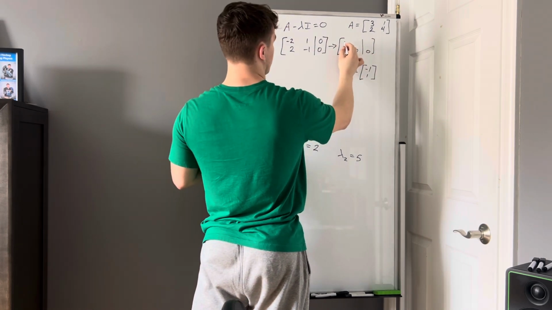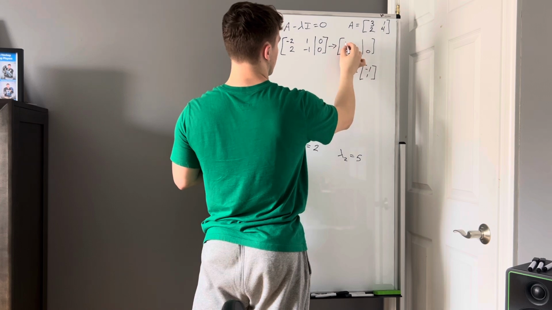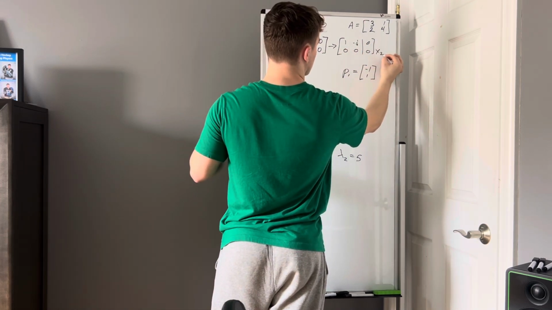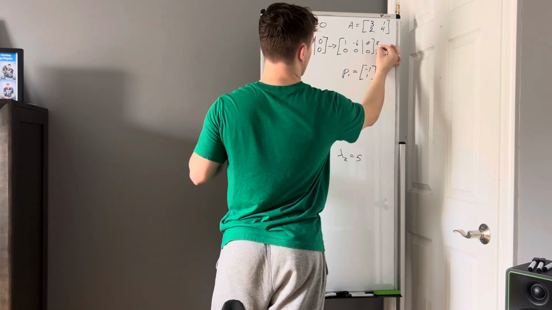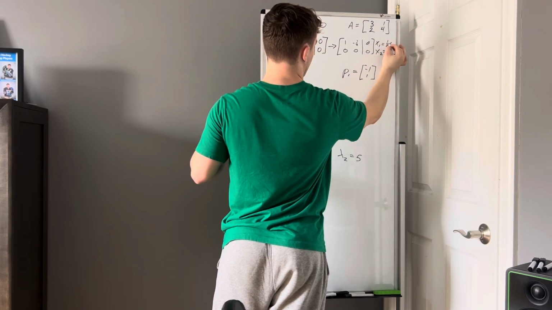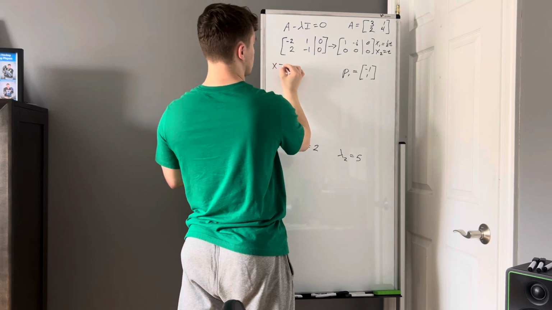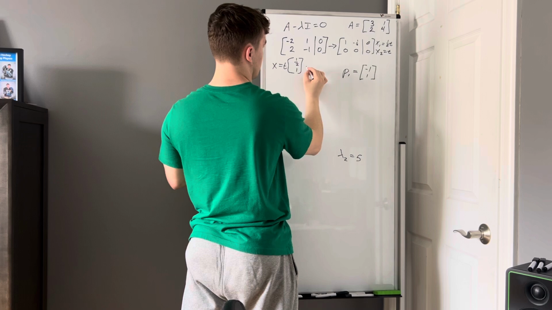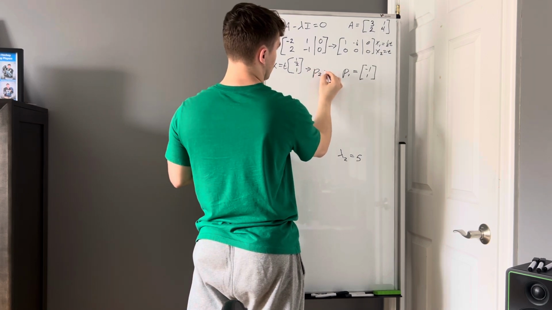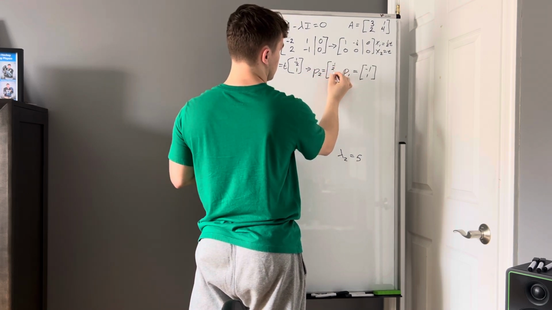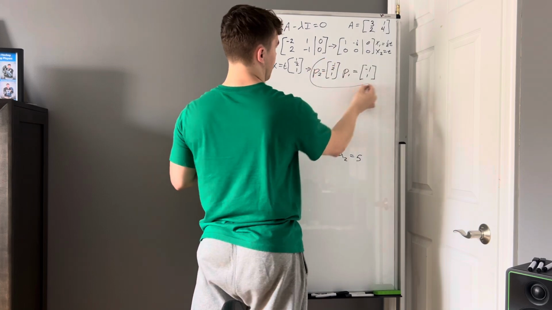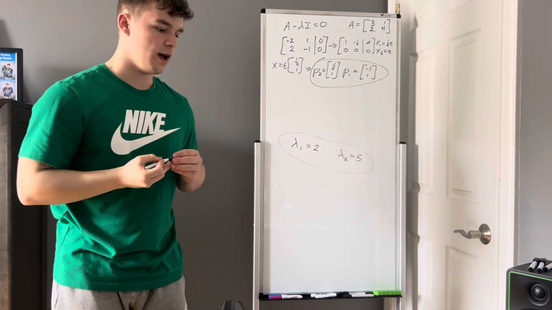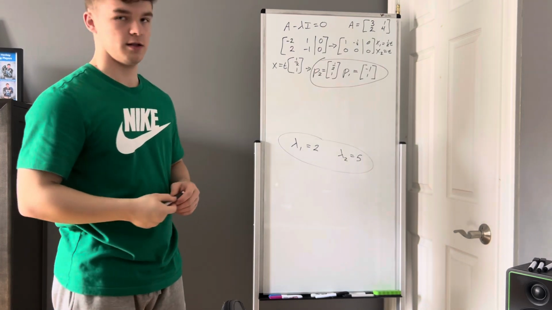And then we're going to get, let's say, 1, minus 1 over 2, 0. So x2 is our parameter, and x1 is 1/2 of that parameter. X equals that parameter times 1/2 and 1. So that means that our second eigenvector is 1/2, 1. There's our eigenvectors, there's our eigenvalues, and that's really how simple it is.